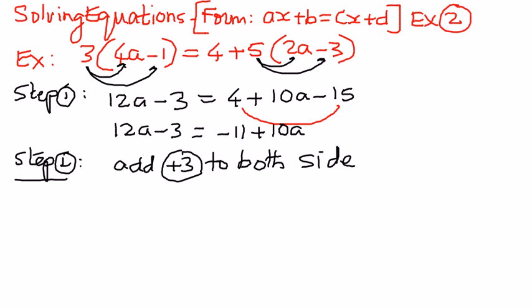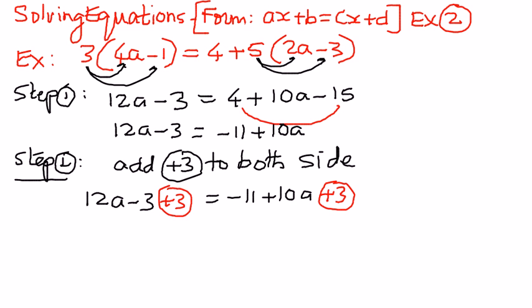And how does that look? 12a minus 3 plus 3 is equal to negative 11 plus 10a plus 3. We have added positive 3 to both sides of the equation. And when we do that, the negative 3 and the positive 3 cancel out on the left hand side, leaving us with 12a is equal to, we have some similar terms in here, negative 11 plus 3.